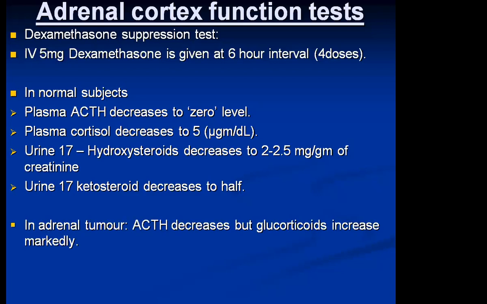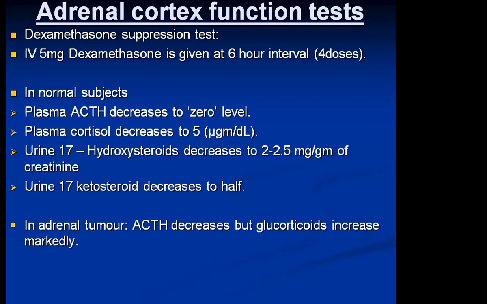In adrenal tumor, what is going to happen? ACTH will decrease because of the feedback inhibition, but glucocorticoids increase markedly. That means the gland at fault is the adrenal gland. In spite of giving dexamethasone, in spite of suppression of ACTH, the glucocorticoids are still increasing.